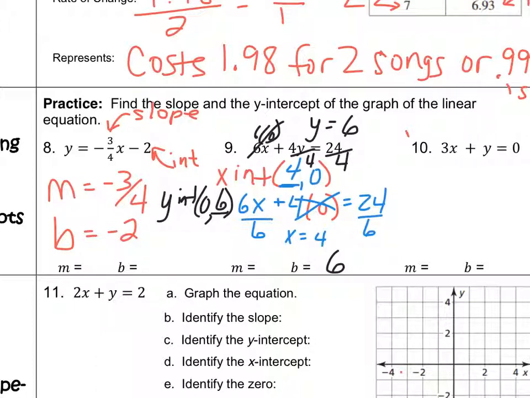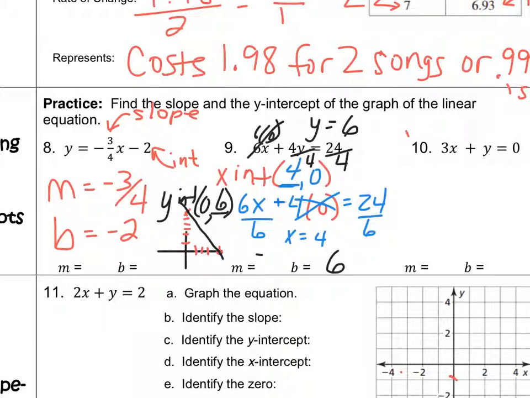And then if I just think about how to graph this, I know my two intercepts. So if I look at my graph, I know that my x-intercept is out on 4, so I'm going to go 1, 2, 3, 4. And I know that my y-intercept is up on 6. So it's way up there. If I draw this line, I can already see that this is going to be a negative. So my slope is a negative something.